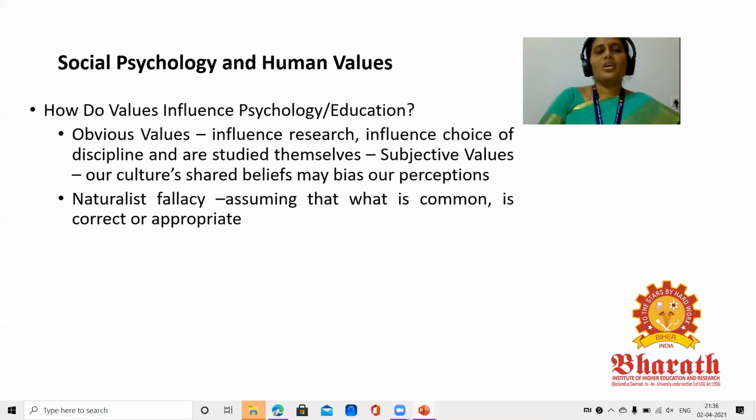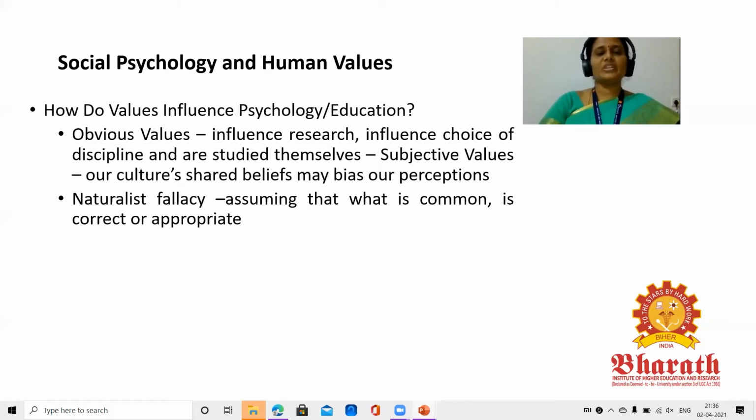Okay. So how are social psychology and human values connected? How do values influence psychology? Sometimes values influence psychology as well. They influence your disciplinary actions, and culturally shared beliefs create some kind of perception in your mind. This also influences you. Human values also influence your behavior.